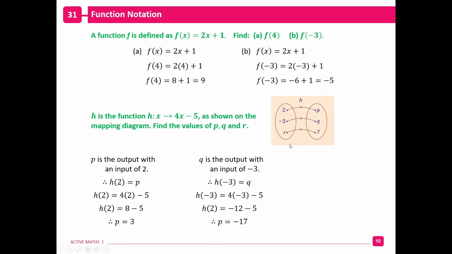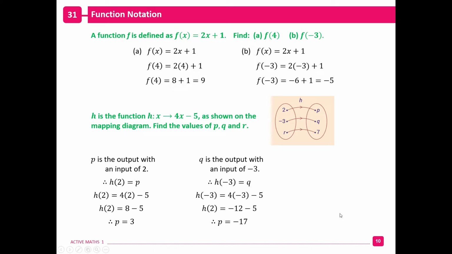Now, to find r, that's a little bit more challenging because it's actually the input that's missing. We've been given the output, the answer. So we've been given the answer to 4 times something and then take 5, and that gives the answer 7.